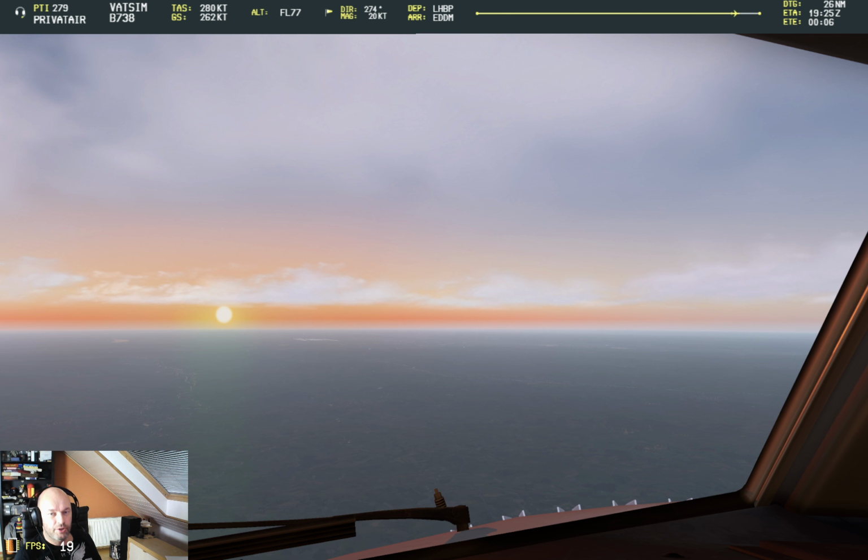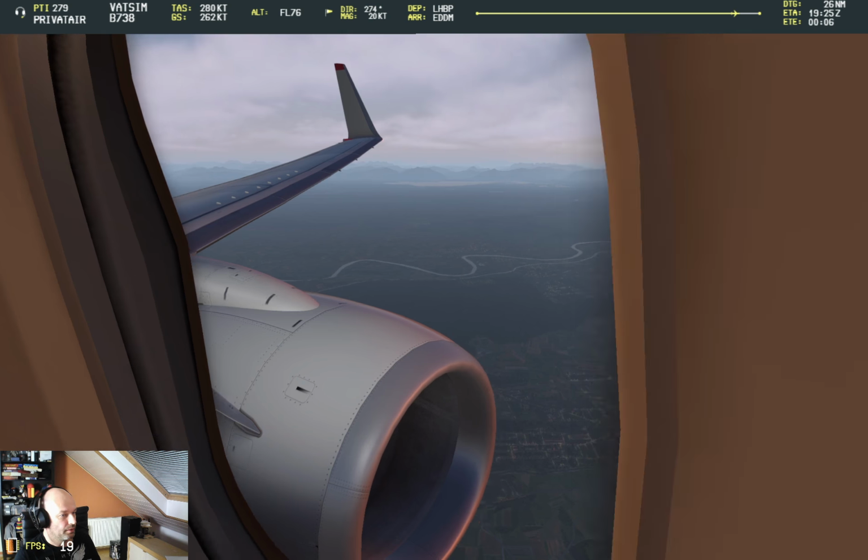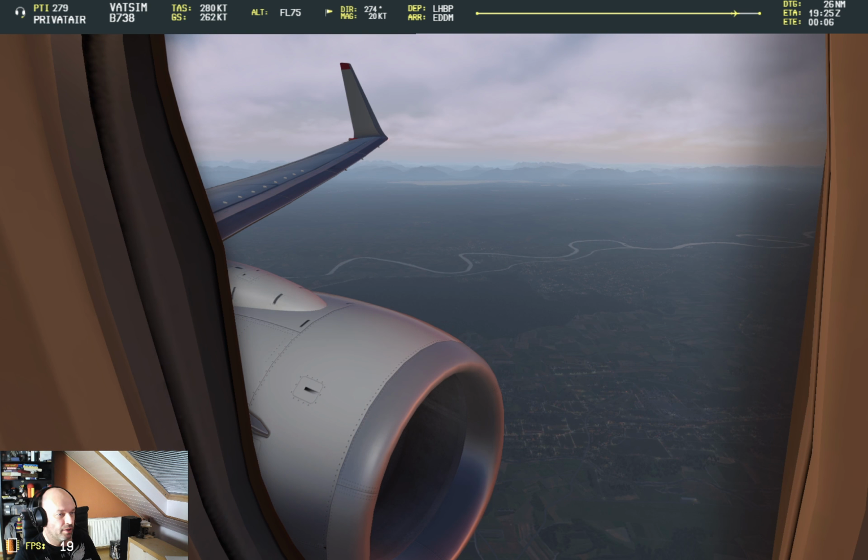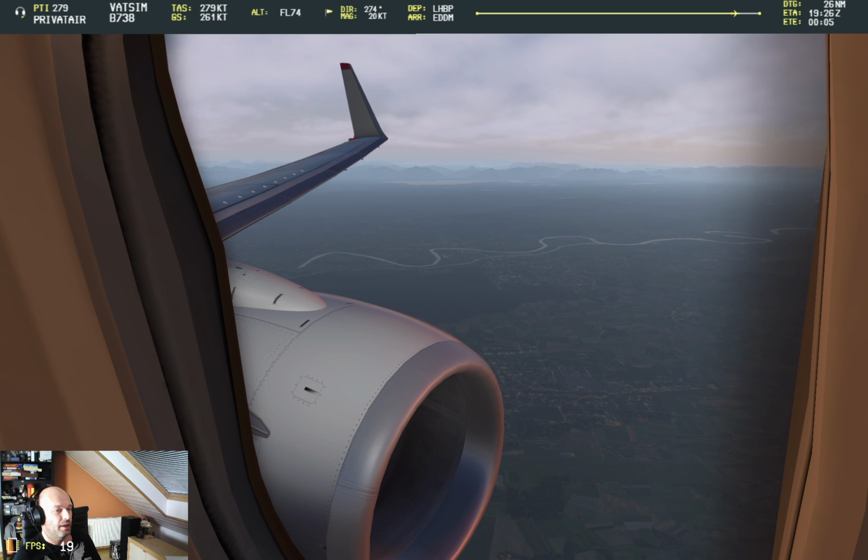So you can imagine, just imagine when you are 2 persons in the cockpit, it's much easier because you don't have to do everything yourself. It's such a short time frame.